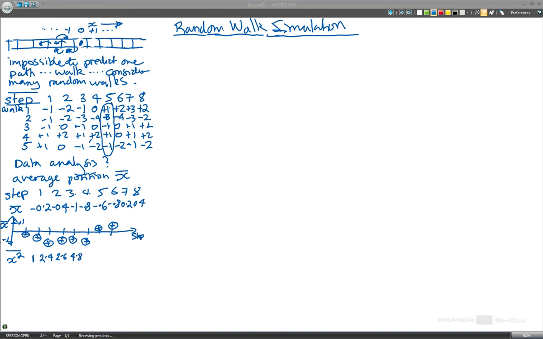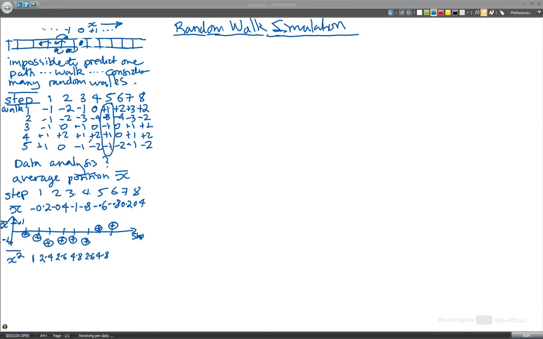For the fifth step, which is circled, we have 1 plus 9 plus 1 plus 1 plus 1. Oh, that's 13 as a total, divided by 5 gives us 2.6 again. For the sixth step, it's 4 plus 16 plus 4 again, that's about 4.8 again.